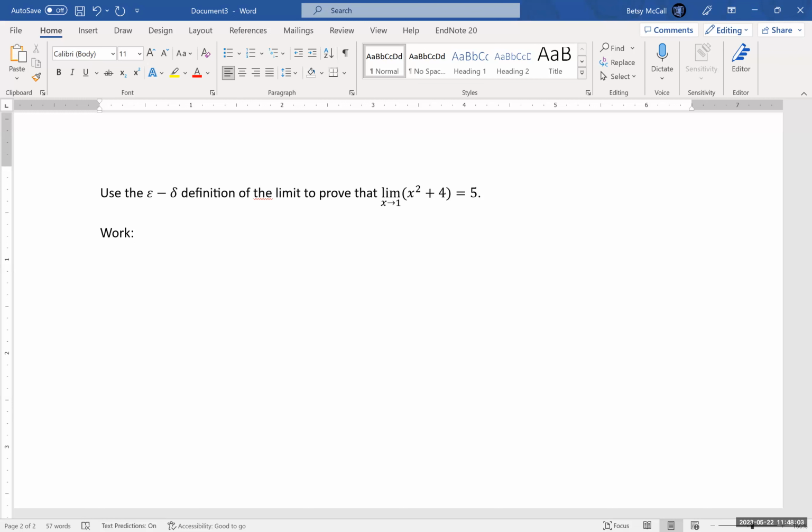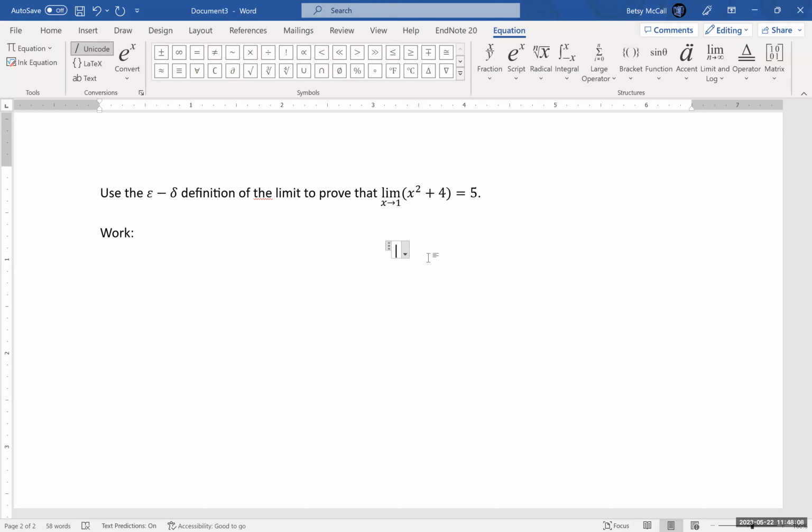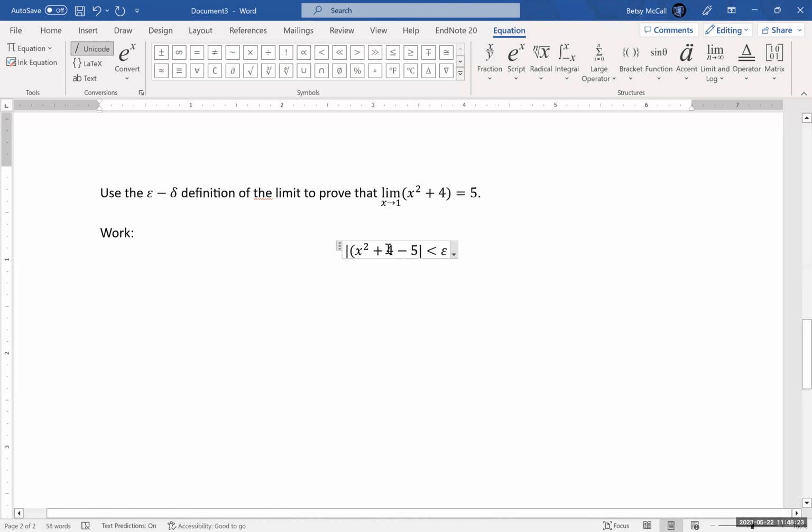So we're going to start with the fact that the absolute value of x squared plus 4 minus the limit is less than epsilon. Close my parentheses right there.